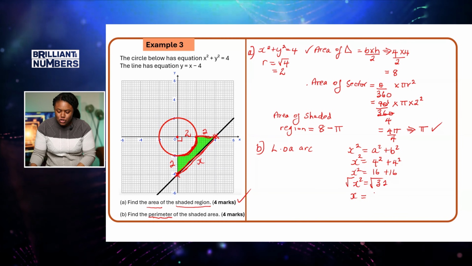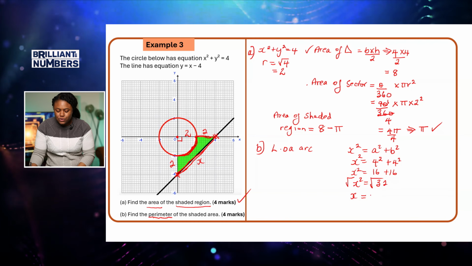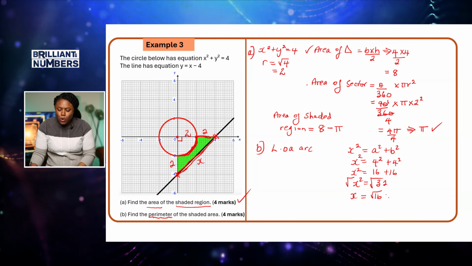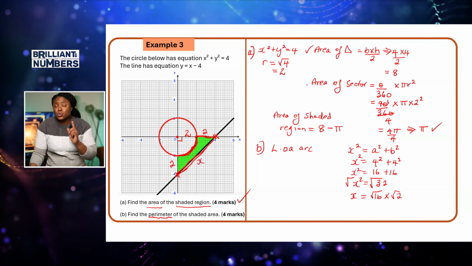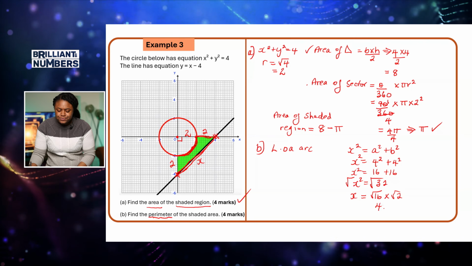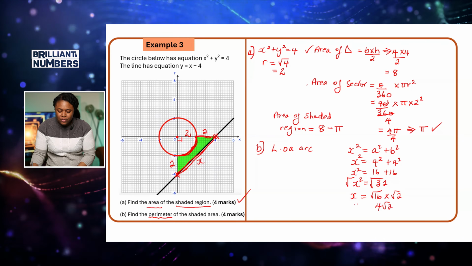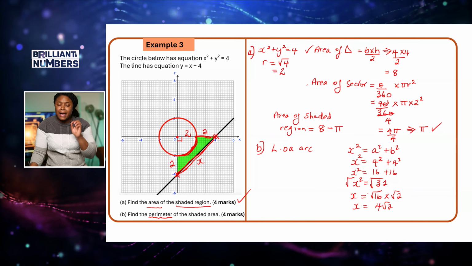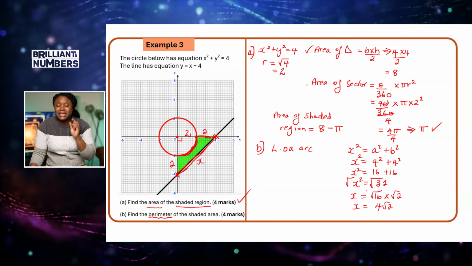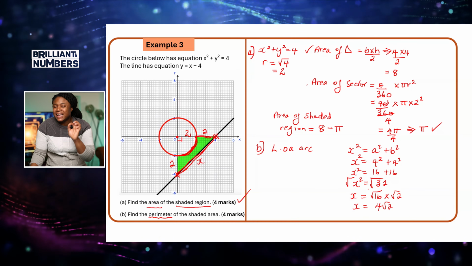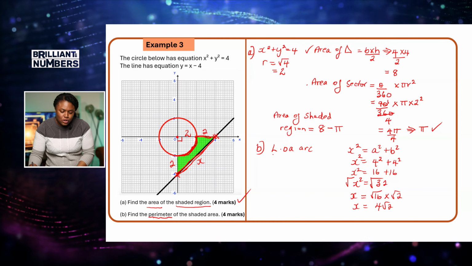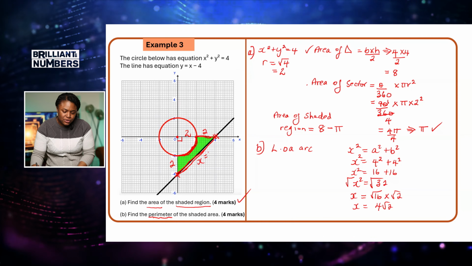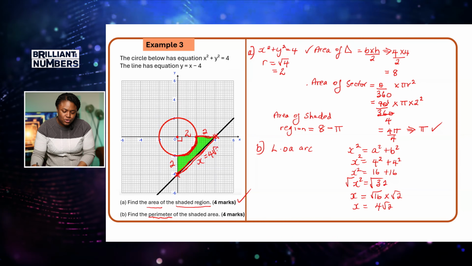And that's 16. So we could break root 32 into root 16 multiplied by root 2. Square root of 16 is 4. So therefore, the length we are looking for is 4 root 2. I'm going to put that on my diagram so I do not miss any part of the perimeter. So x here is equal to 4 root 2.